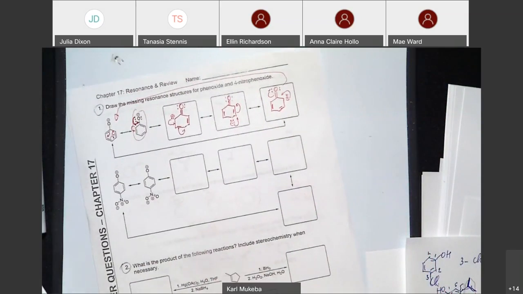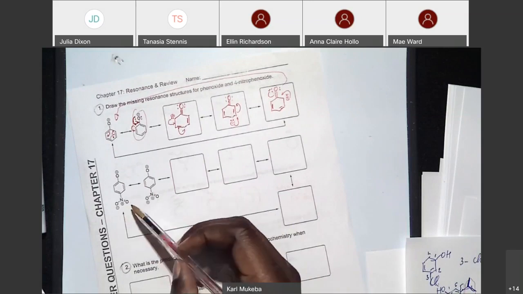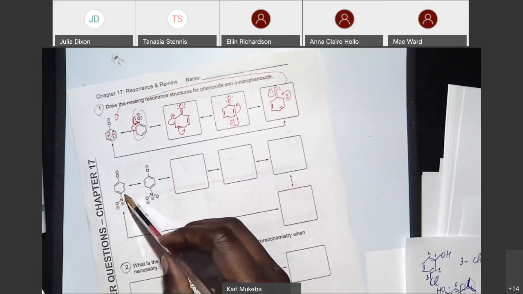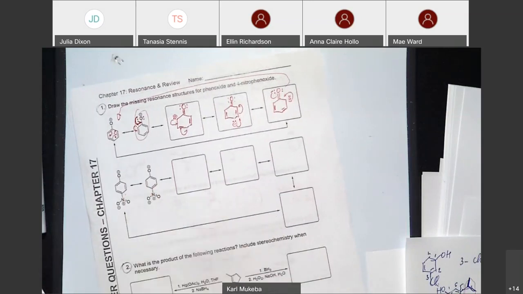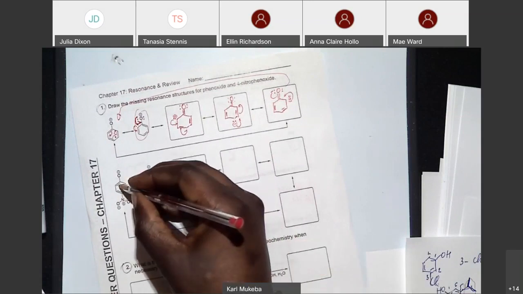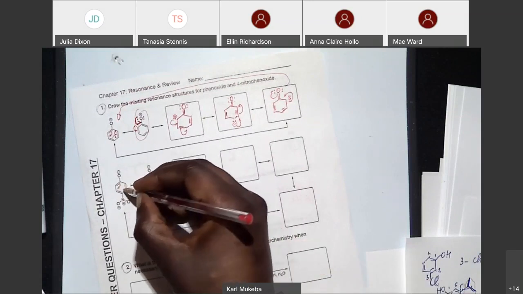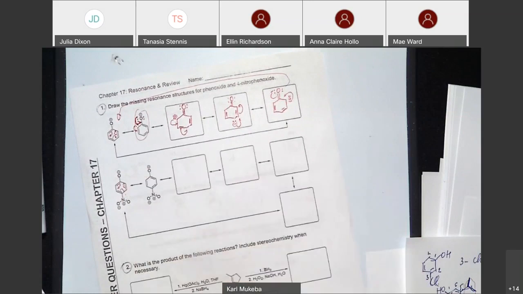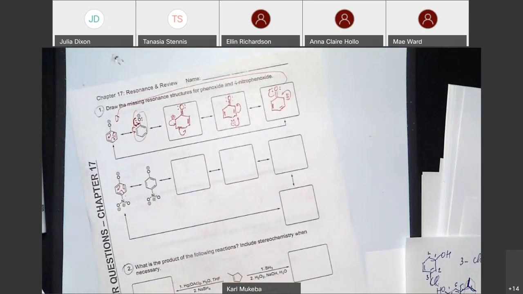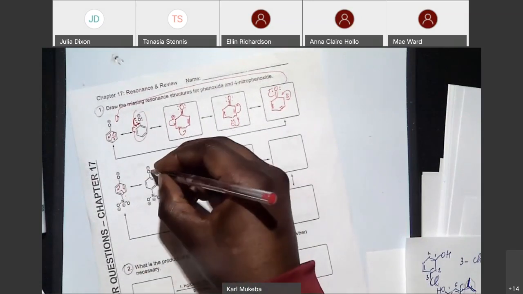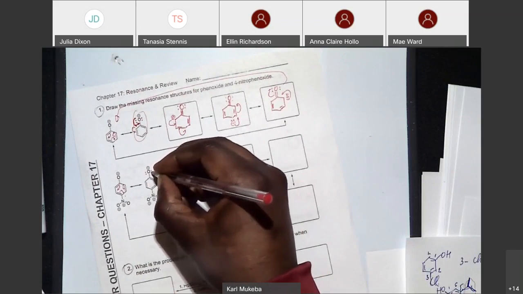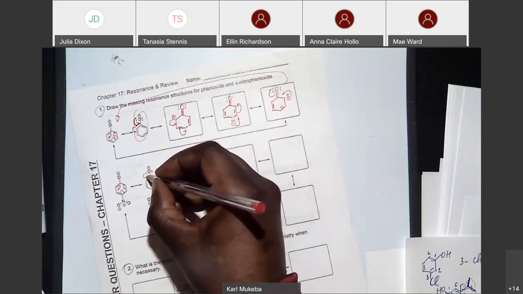And for the next one, we will do the same thing. So to go from the first structure to the second one, we just move our electron around. Again, we do the same thing. We bring this one down here.